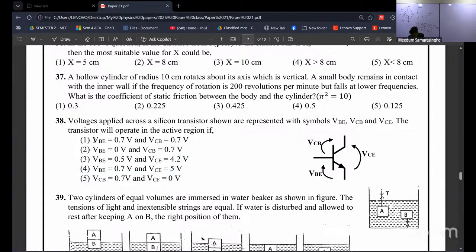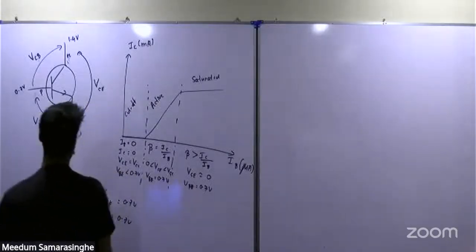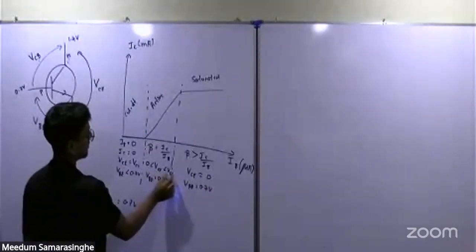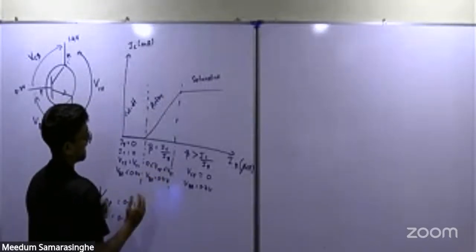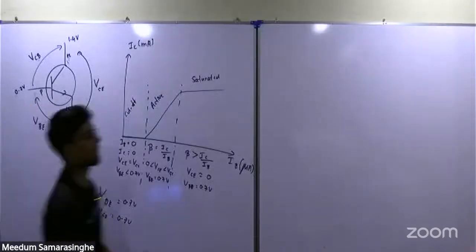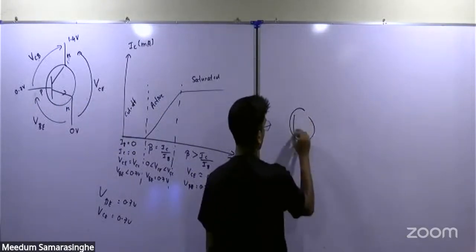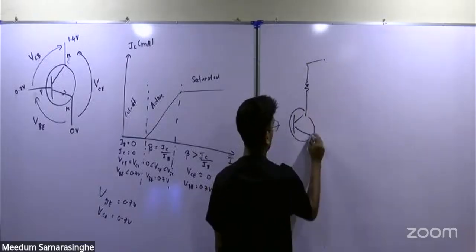Active region. So this answer is the most suitable one. You can argue in the opposite way. The first one is also the correct one, but the most suitable answer is the fourth one. Take it as the answer. For when the transistor is in the active region, VCE should be less than VCC and greater than 0. Usually, let's say this is the transistor.